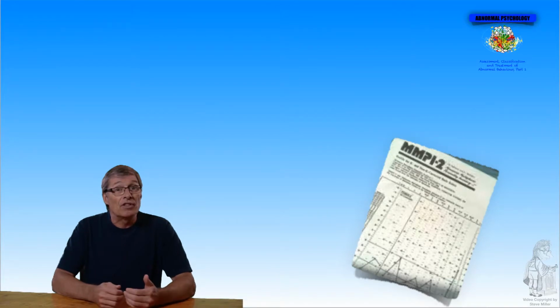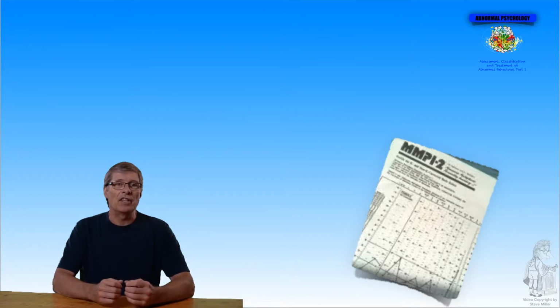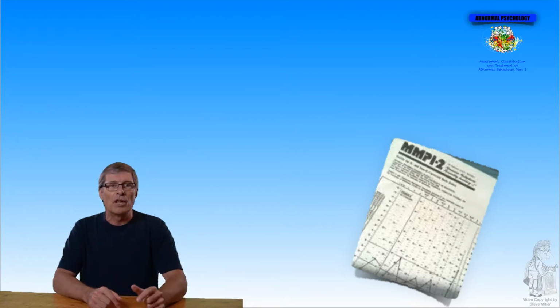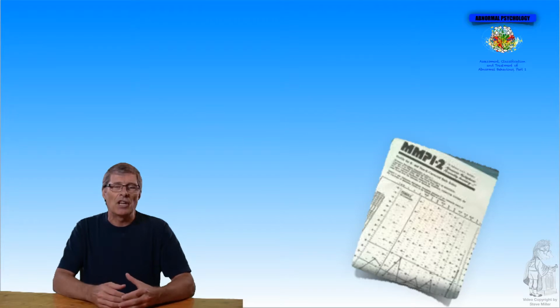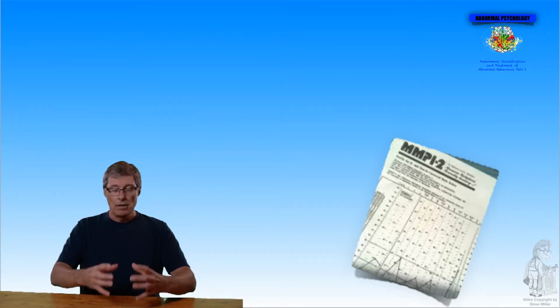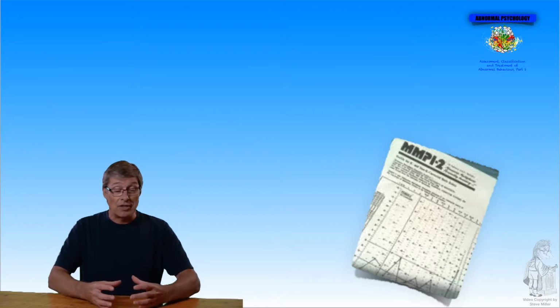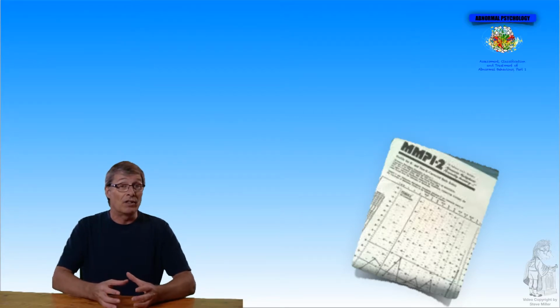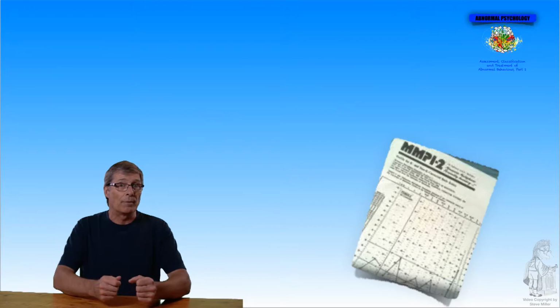These tests are considered objective in the sense that they make use of a limited range of possible responses to items and empirical, objective methods of test construction. So they really aim to standardize, again, the questions such that the answers can be more easily, more reliably measured.